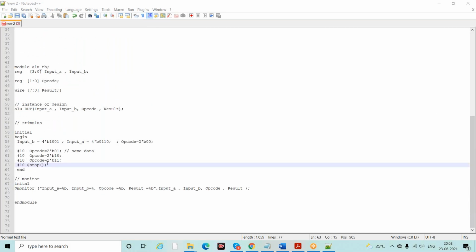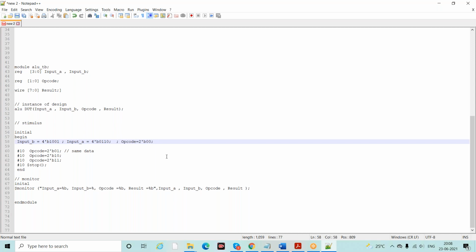One of your friends asked, sir, how to implement the for loop here?